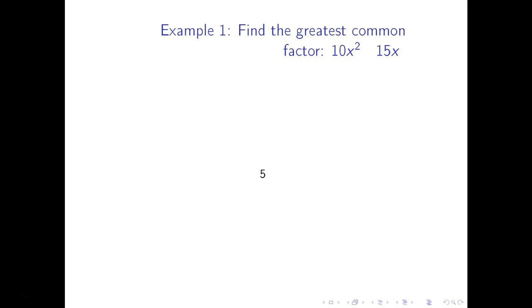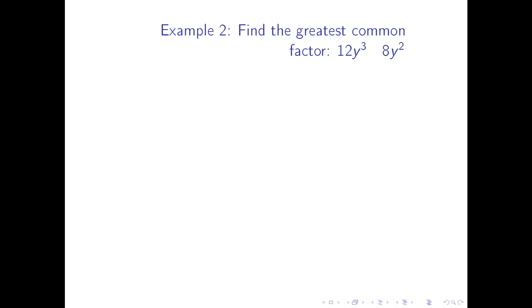Hopefully you're saying they both have 5. What about x squared and x? Well, they both have an x. And that is the greatest common factor, because I can't pull any number out of both 10 and 15 that is larger than 5. And I can't pull any more x's out since there's only one x in the 15x. So that is the greatest common factor of those two.